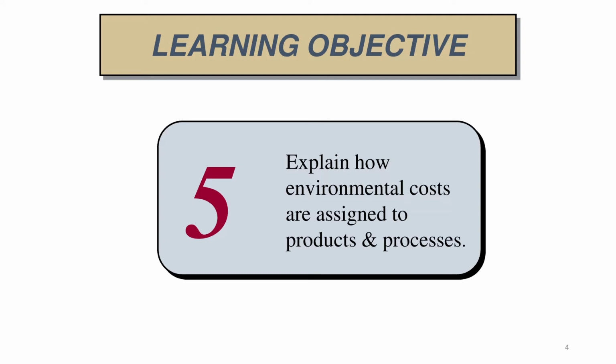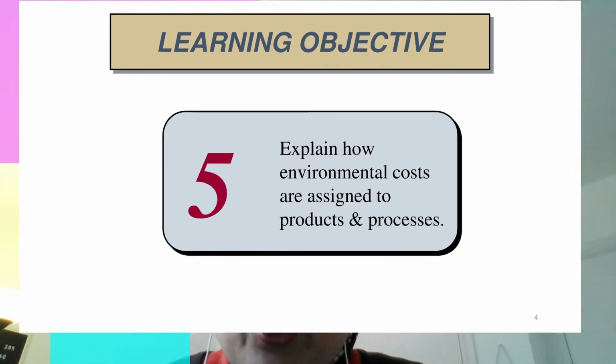It will give the managers information on who is responsible for harming the environment more, and this information might lead the manager to take a decision to drop the particular product that harms the environment more. And if they do so, that means they are eco-efficient, and they are improving the environmental activity as well. So this is what I really need you to absorb.